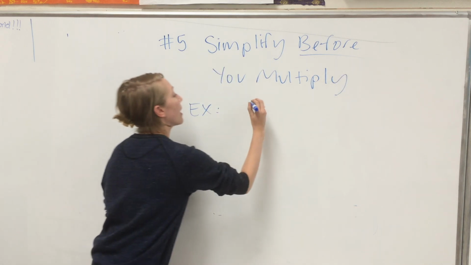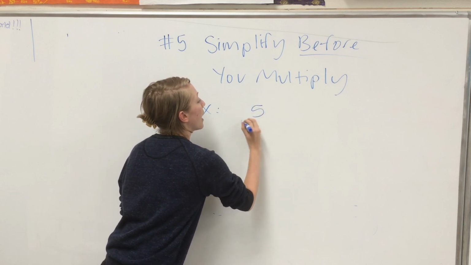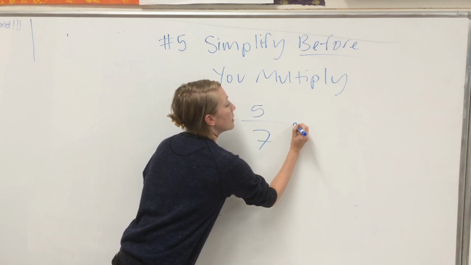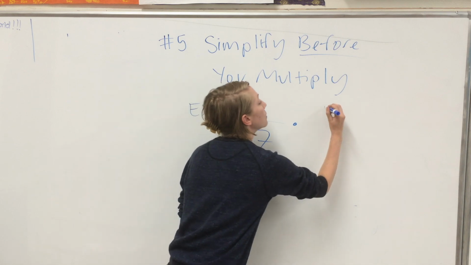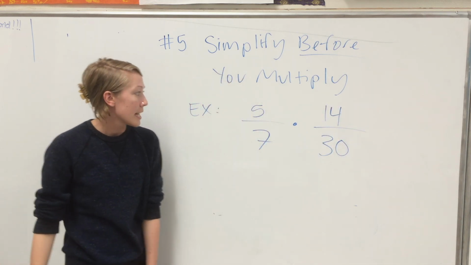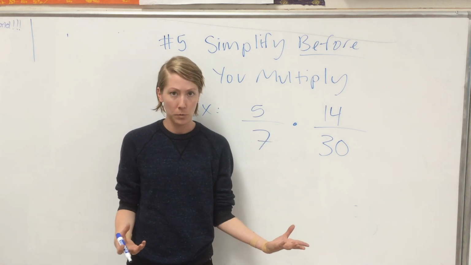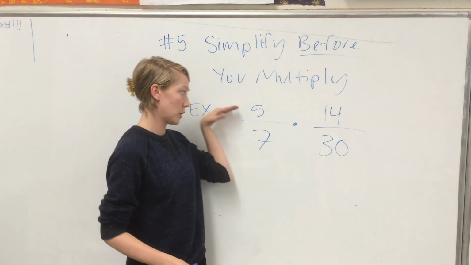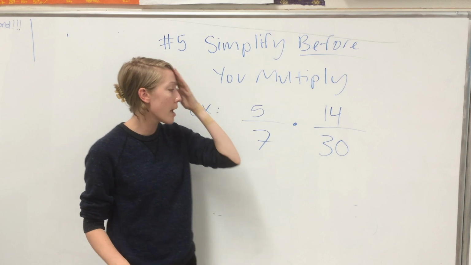If we had 5/7 times, as Mr. Bass went over, multiplying fractions just straight across the top and across the bottom.